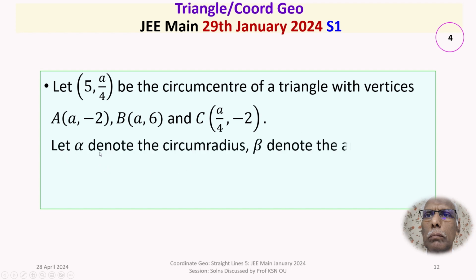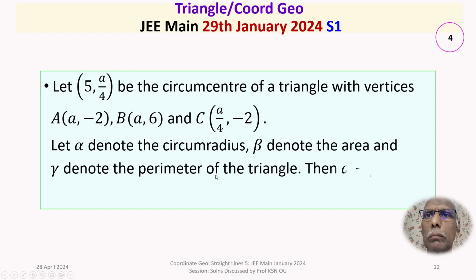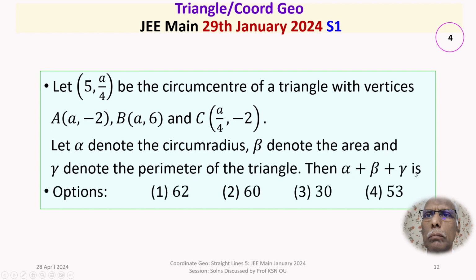Then let alpha denote the circumradius, beta denote the area, and gamma denote the perimeter of the triangle. Then alpha plus beta plus gamma is, we are given 4 options.